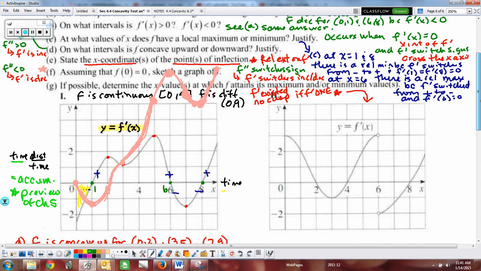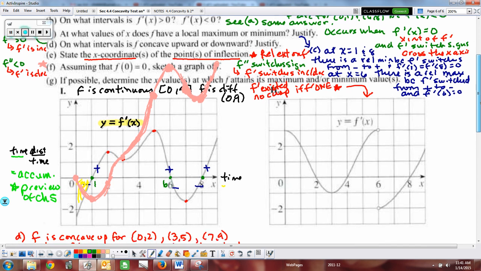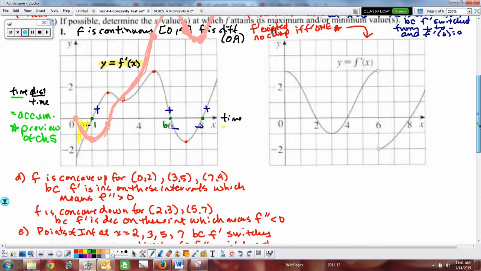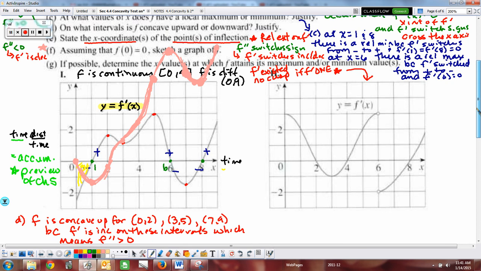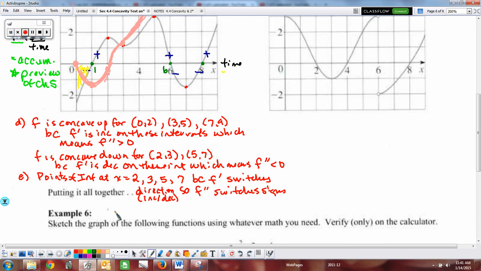Right? And then, if possible, determine the x values at which f attains its max or min values. Well, in that case, we're on the closed interval, so g, going back to a review of 4.1, is EVT. G, EVT.